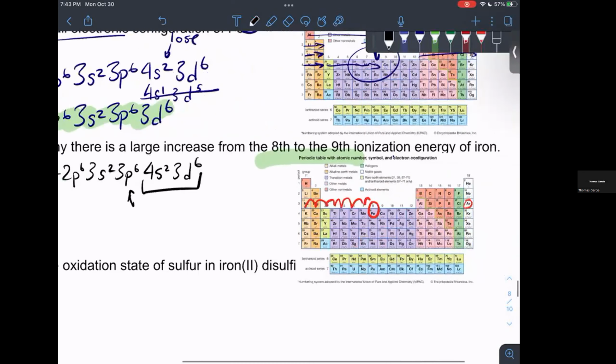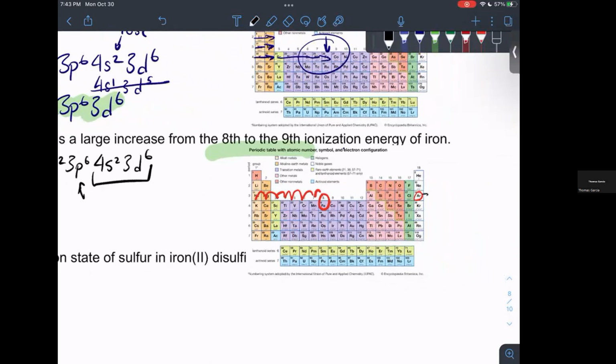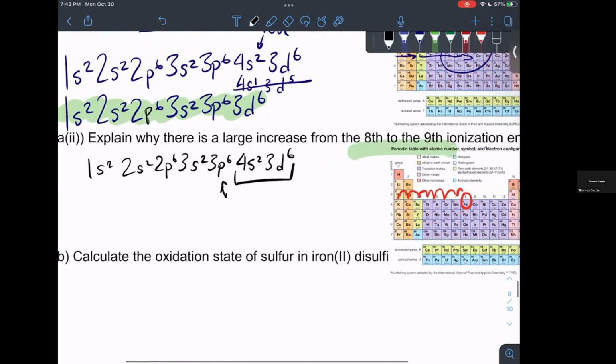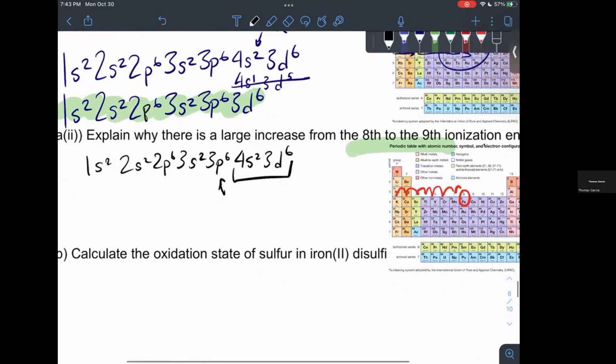What ends up happening is much like we dropped all the way back to argon on our periodic table, we are losing an energy level. We are going from essentially the n equals 4, and we can pull that one, but now we're at n equals 3. So we've changed energy level.